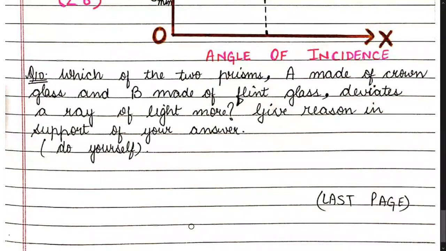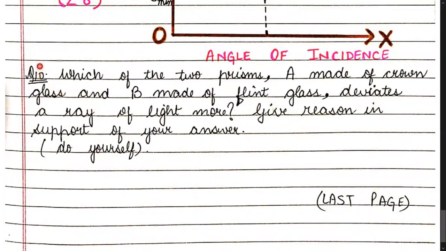Now the last question for today is, which of the two prisms, A made of crown glass and B made of flint glass, deviates a ray of light more? And you have to give reason in support of your answer.